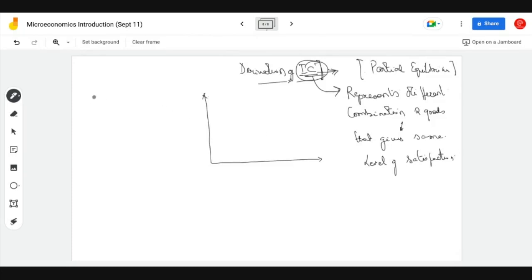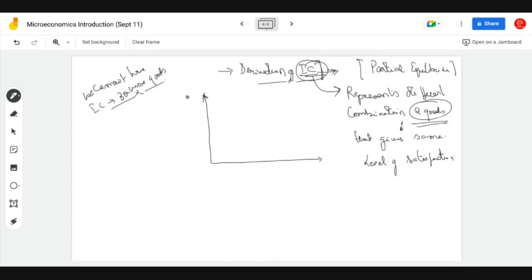This means that we cannot have an indifference curve for, let's say, three or more goods at a time. We can have only two goods. The maximum number of goods that we can represent or find a combination for to give the same level of satisfaction is two goods. So this is again a limitation also.